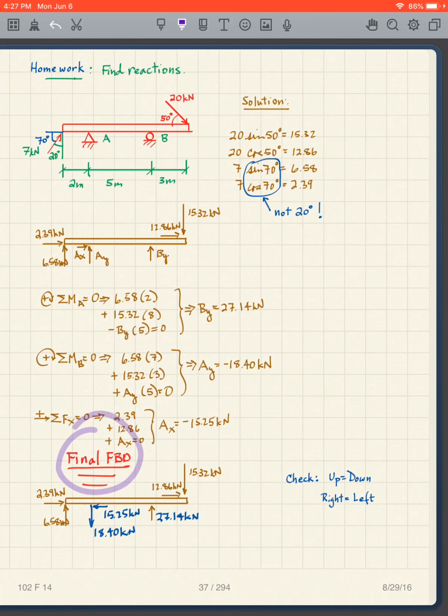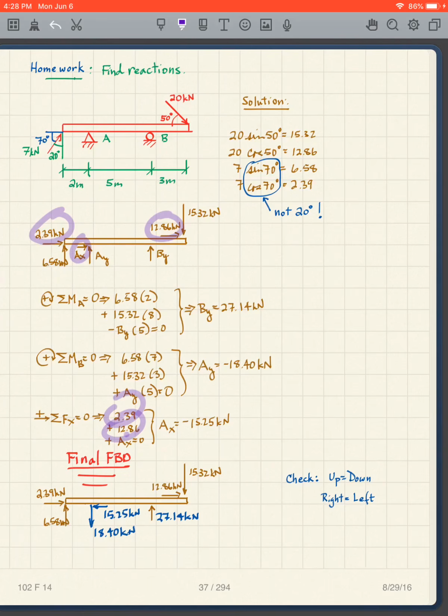So when I do my final free body diagram, oh, sorry, I forgot the X. So we take the sum of the force in the X direction equals 0. We've taken to the right being positive. So this is to the right, so it's positive. This is to the right, so it's positive.